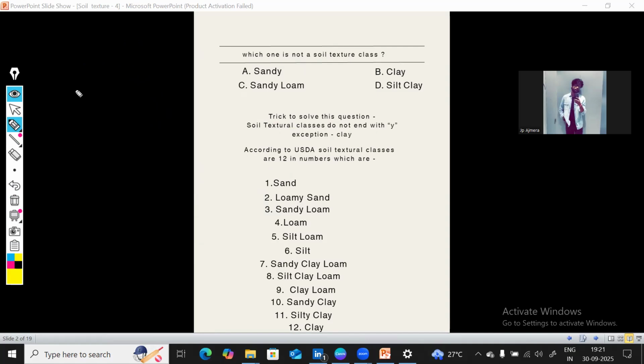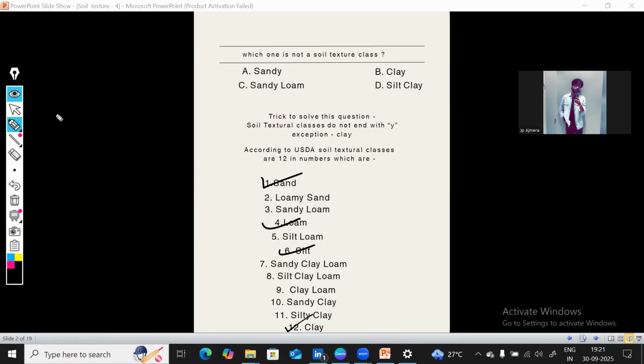Maybe we can make a trick for this as well. If you guys comment below this video, we will make a trick on that particular topic, but we can learn here as well. Firstly, we'll learn these 4 things: the first number is sand, the 4th number is loam, the 6th number is silt, and the 12th number is clay.